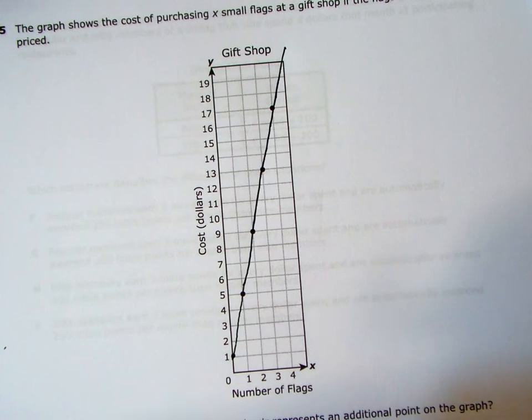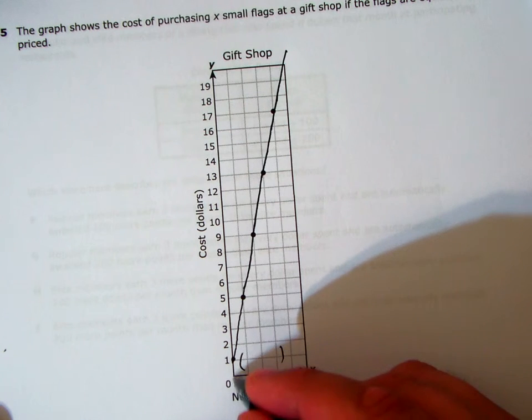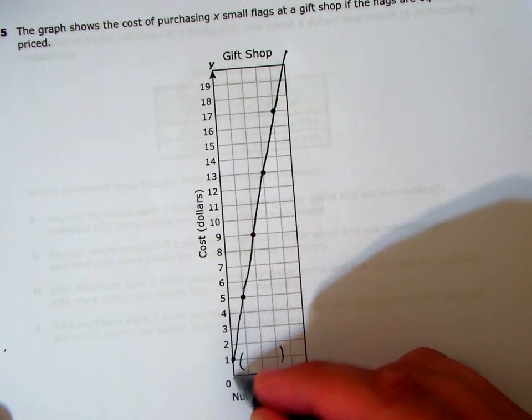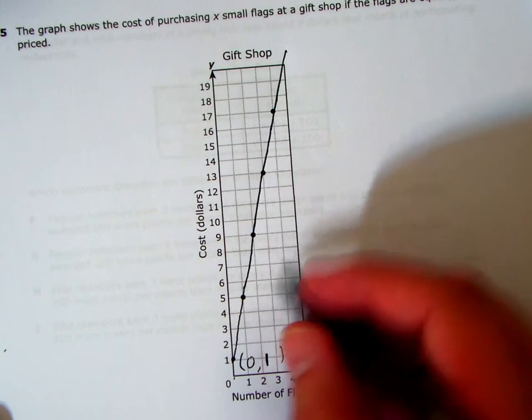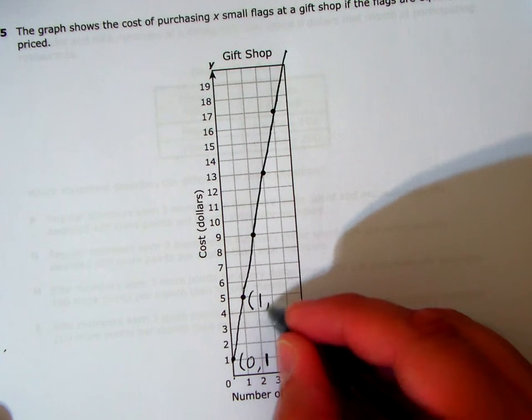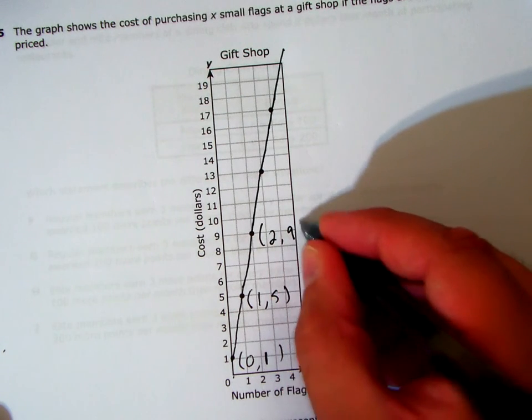Based on the information from the ordered pair, which ordered pair represents an additional point on the graph? So this point here is at, what is that, 0, 1? Yeah, 0, 1. This one's at 1, 5. This one's at 2, 9.